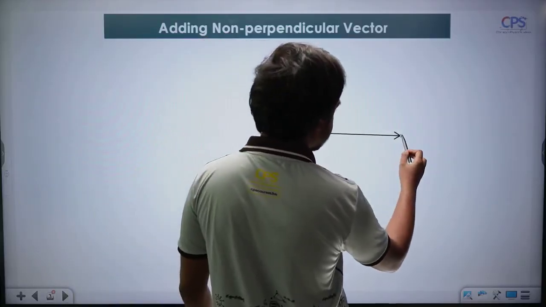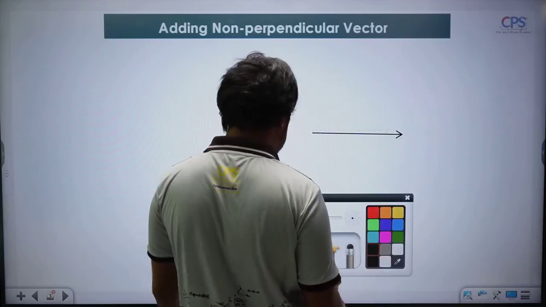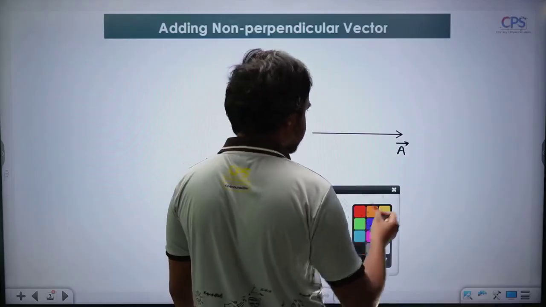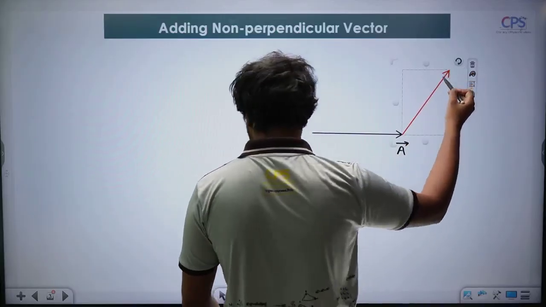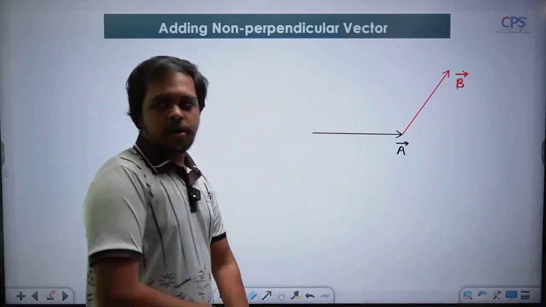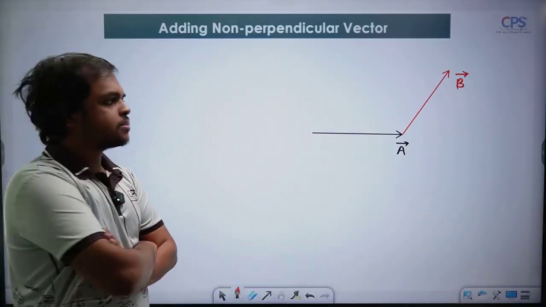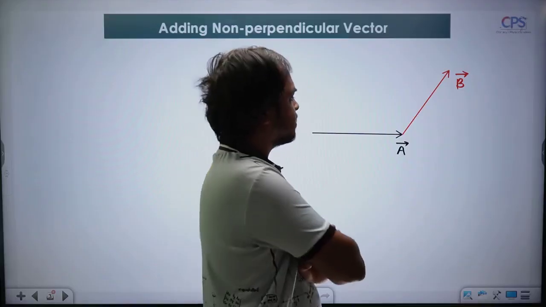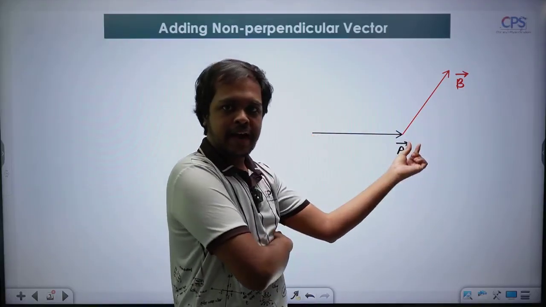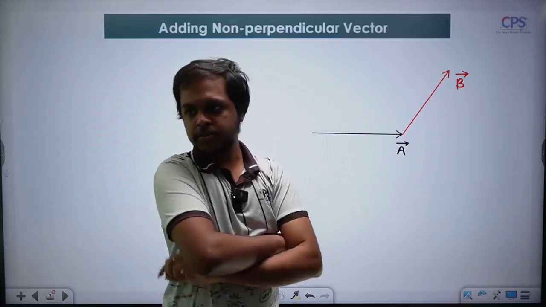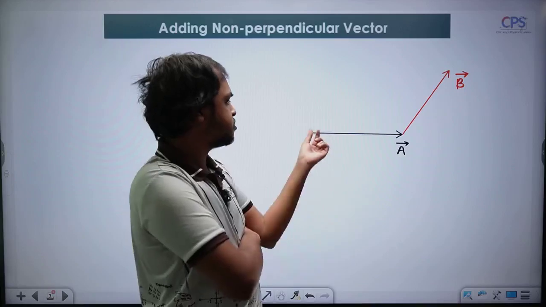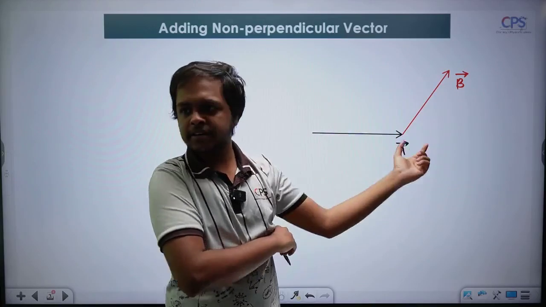This is vector A, and another vector, let's say this is vector B. In the earlier lectures, we studied this in this way: think you are starting from here and you are going there and in this direction also. So what is your final displacement? Your final displacement is from start to the end, right?